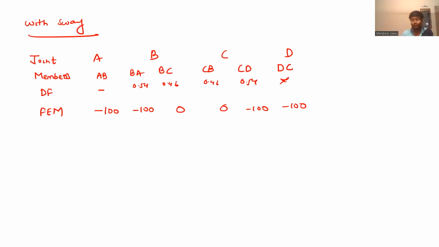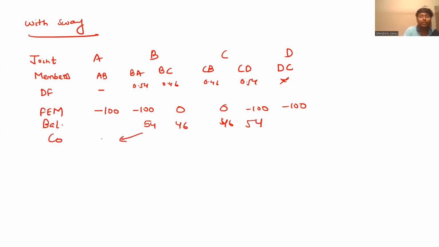Now, in the similar manner, you have to fill the table again. Balancing will come. So, minus 100 is there, so plus 100 will try to resist. 54, 46. Minus 100, 46, 54. Now take the carry over.